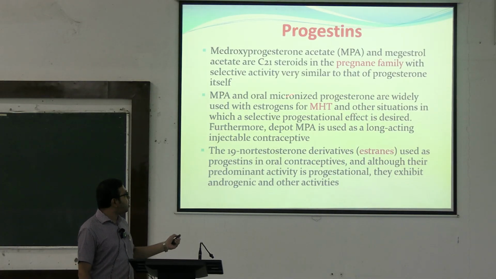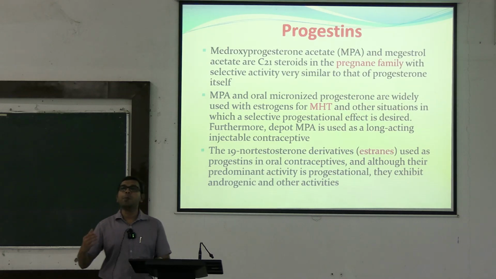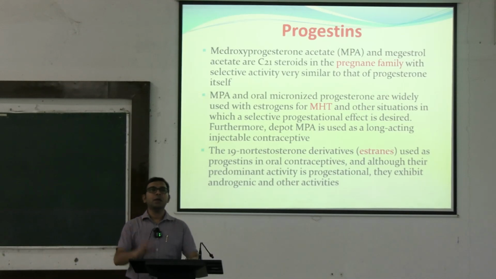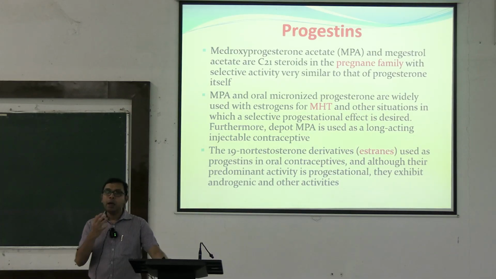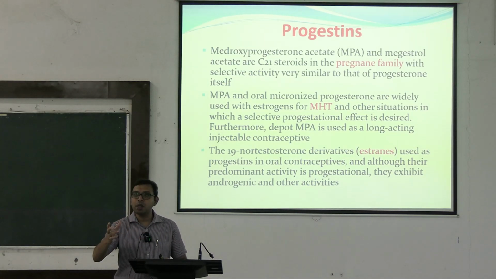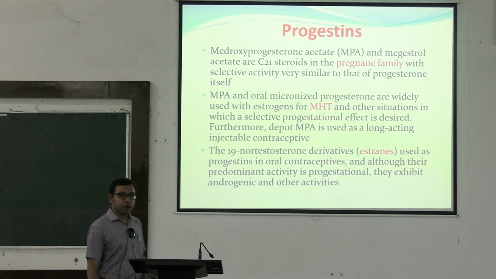Medroxyprogesterone acetate and micronized progesterone are mainly used in combination with estrogen in menopausal hormonal therapy. Already in the previous class we discussed in detail the menopausal hormonal therapy or hormone replacement therapy and its pros and cons. Usually the estrogen is combined with some progestational agents. So this is one of the progestational agents that can be combined.